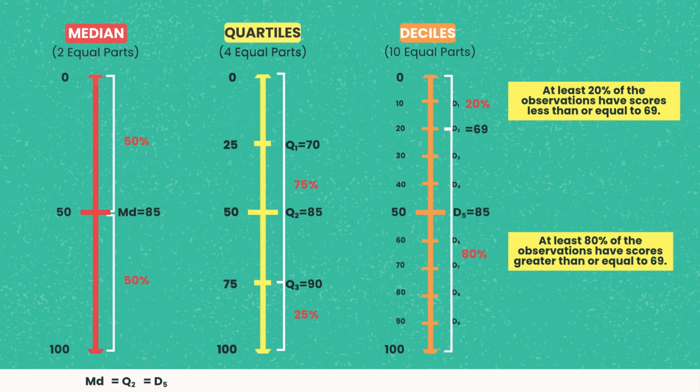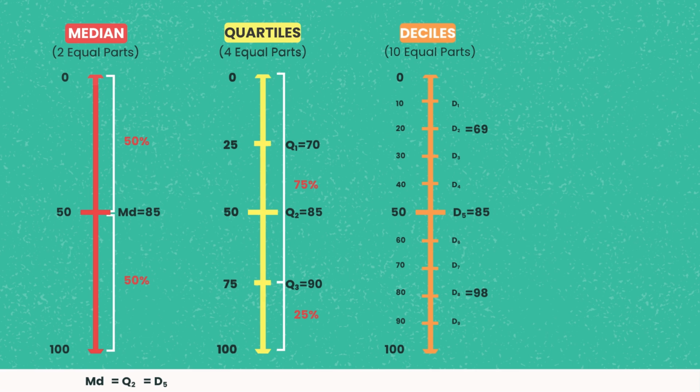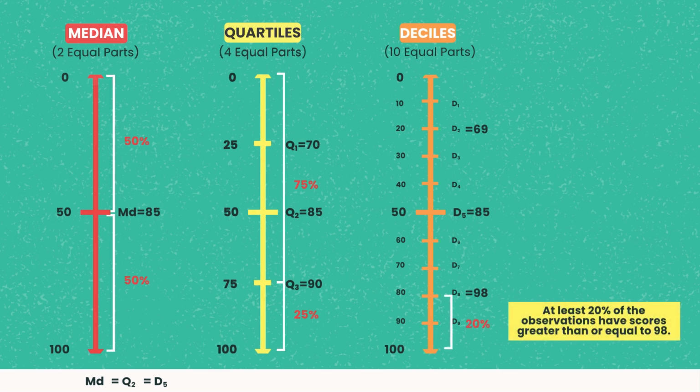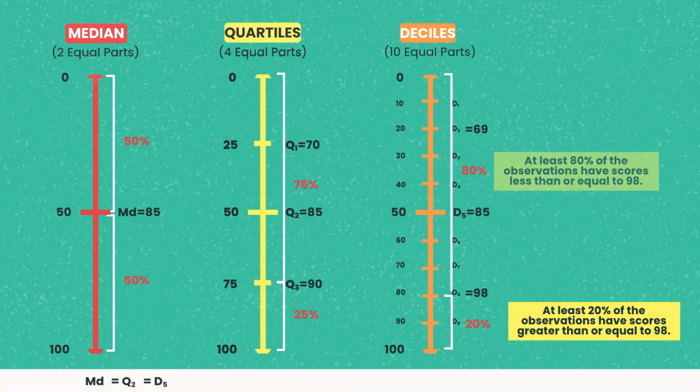On the other hand, if we compute or ask for the 8th decile and we get a value of 98, then our interpretation will be at least 20% of the observations have scores greater than or equal to 98. Or, we can interpret the complement and say that at least 80% of the observations have scores less than or equal to 98.